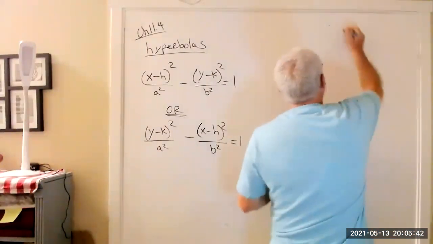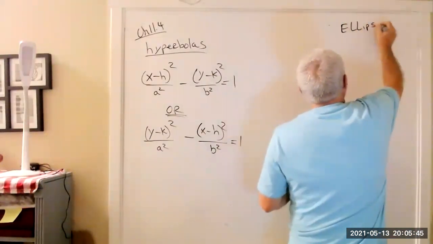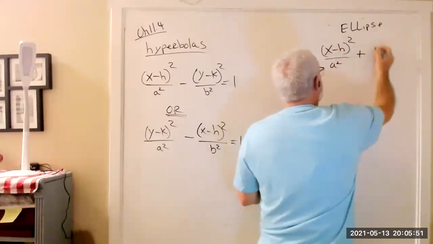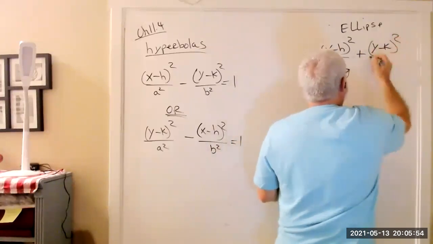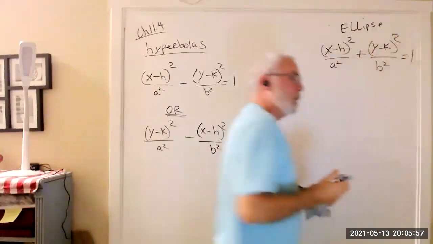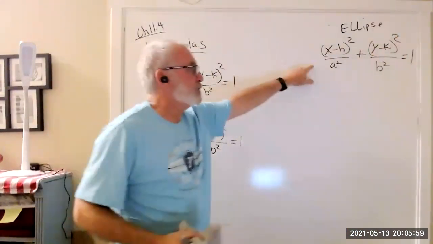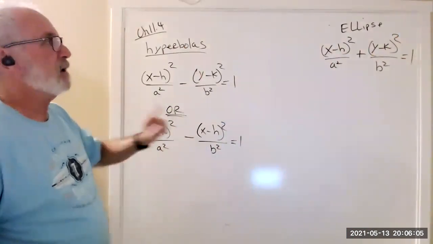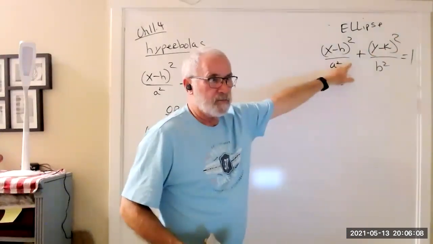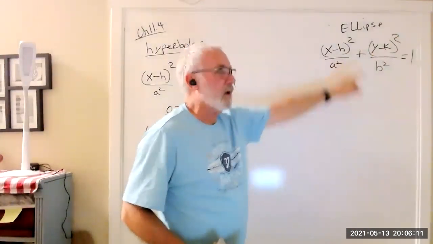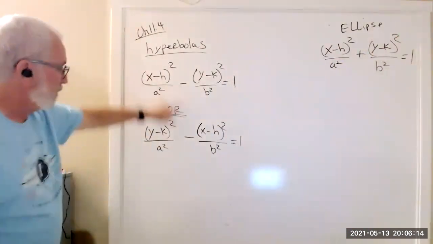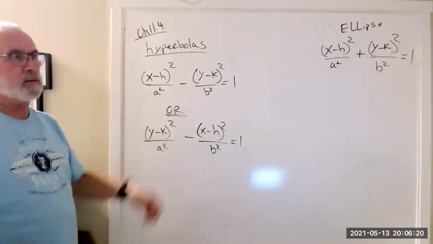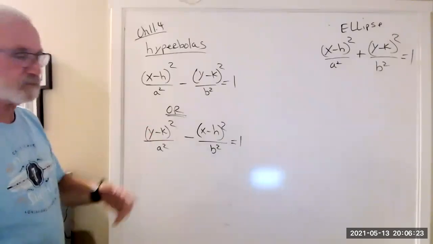If you go back and review the ellipse, it was (x minus h) squared over a squared plus (y minus k) squared over b squared equals 1. So the ellipse and the hyperbola look a lot alike, but the fundamental difference is an ellipse has a plus sign in the middle, and in the hyperbola there's always a minus sign. And that makes the whole problem just horrid.